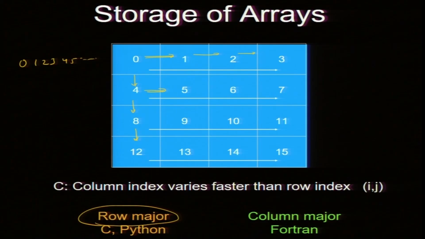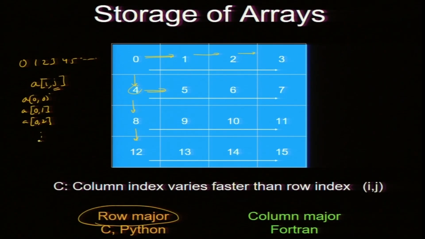I just numbered them in the same order as the address. If you look at the access a[i, j], j will be moving faster in the storage. So, this is a[0,0], then a[0,1], a[0,2], that is how it is going to go.